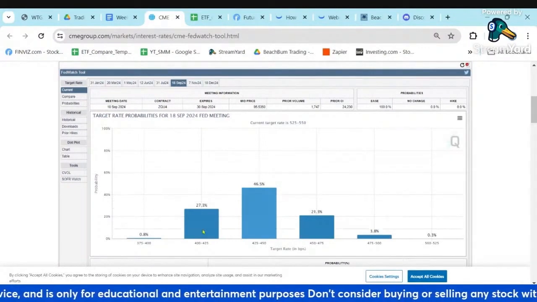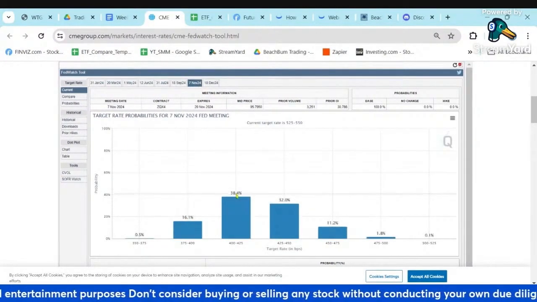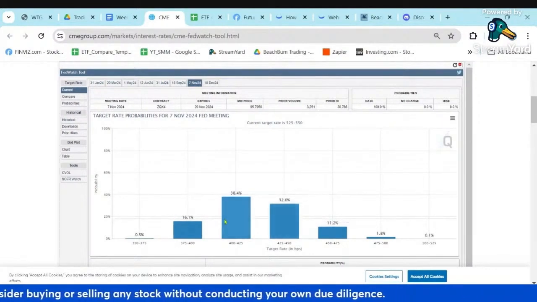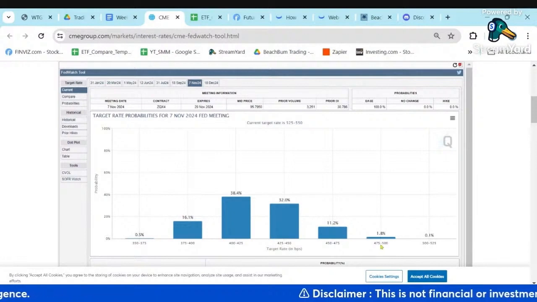September, we start to get into 4. November, now we're down a whole point. And no chance we're at where we're at today. Minimal chance we've only had 1 cut.